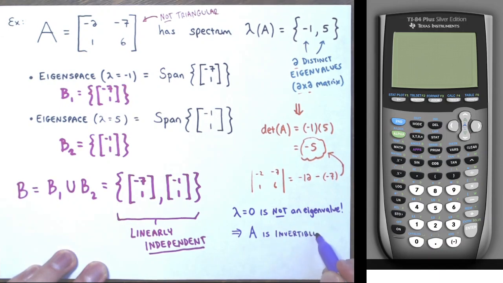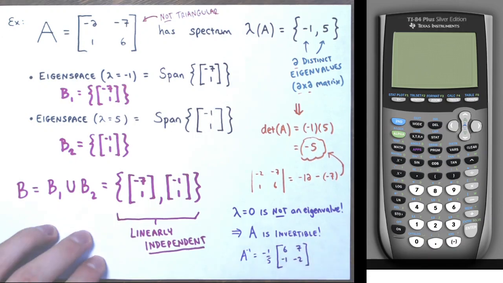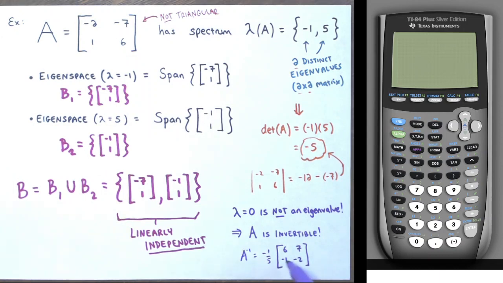And you should be able to find the inverse. It's a 2 by 2, pretty simple. In fact, the inverse here would be negative 1/5 times this matrix here. You can double check that if you wish. Multiply this by matrix A and you'd get the identity. But I don't care about finding this, so I'm just doing this for the first example. Just know that the inverse exists, since 0 is not an eigenvalue.